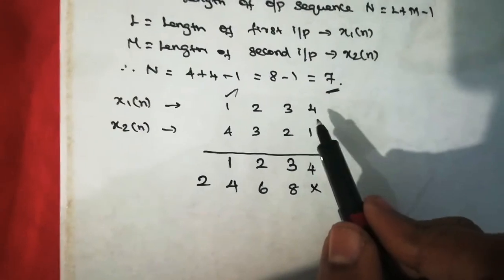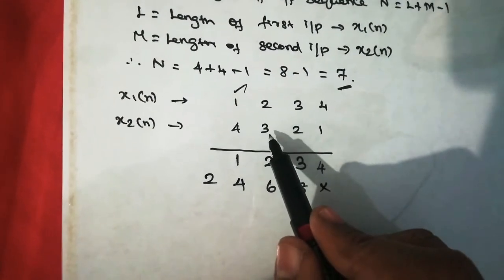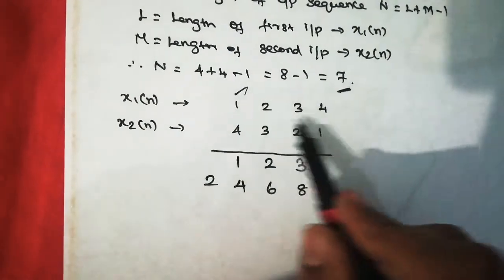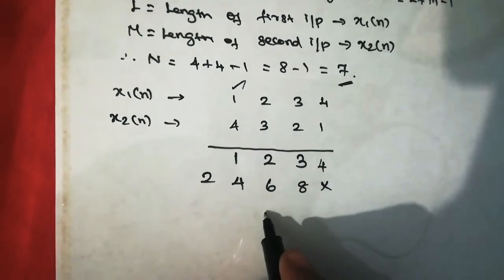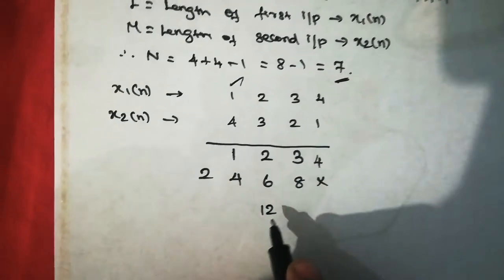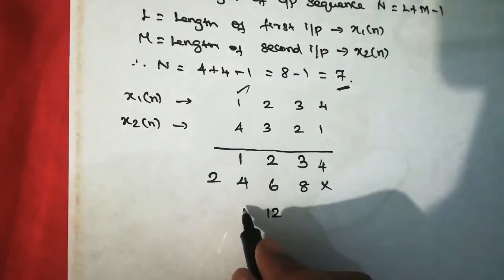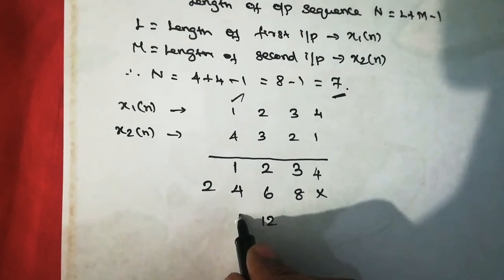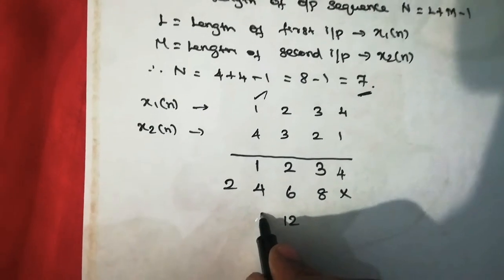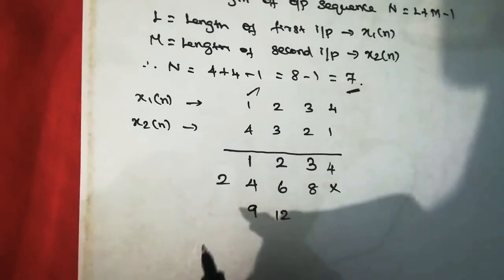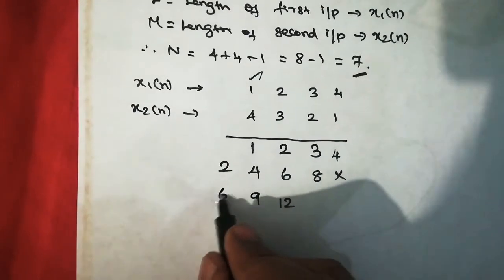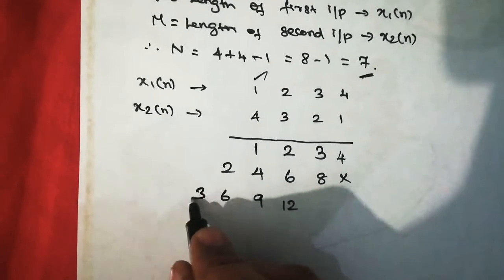Next, take the third value, 3, and multiply with all the values. 3 into 4, 12. Next 3 into 3, 9. Next 3 into 2, 6, and 3 into 1, 3.